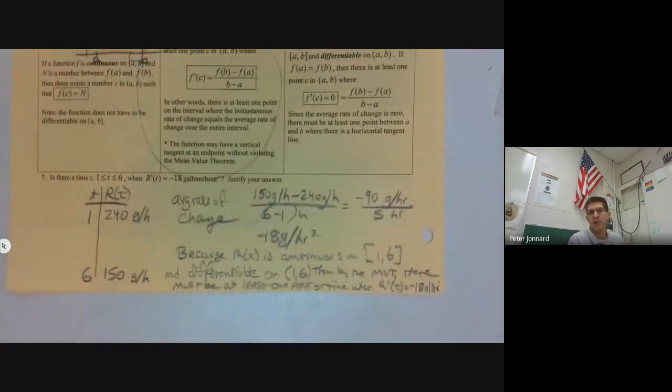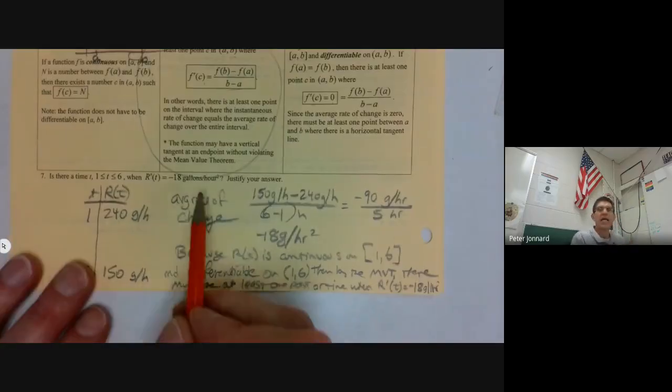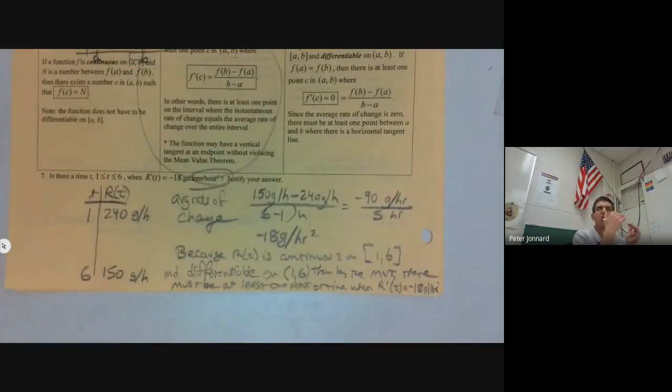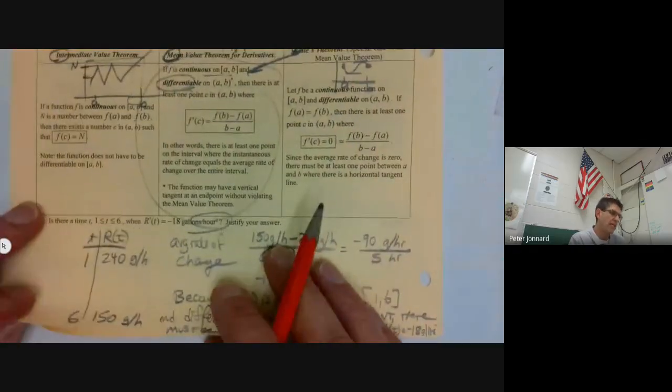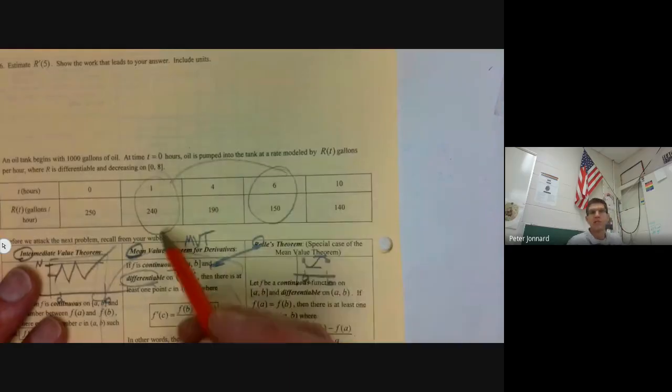But this is about the second derivative, so we have to take the derivative of R of t, and we look at the average rate of change between 1 and 6.